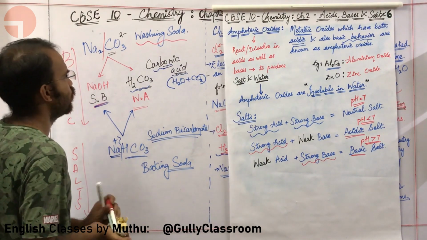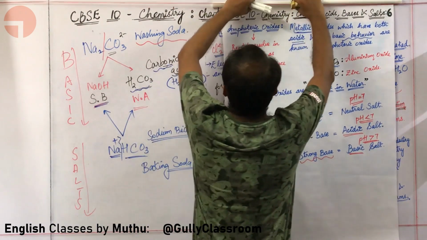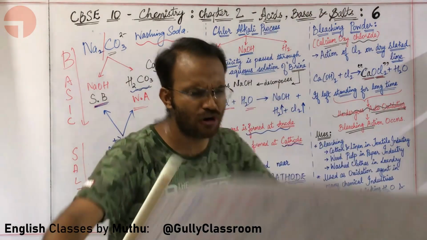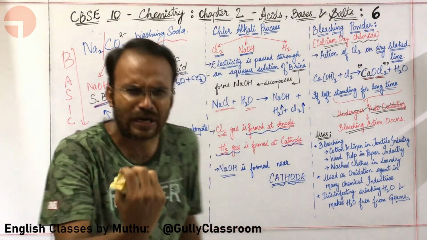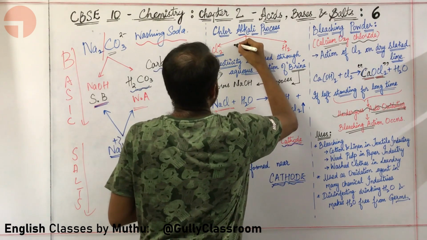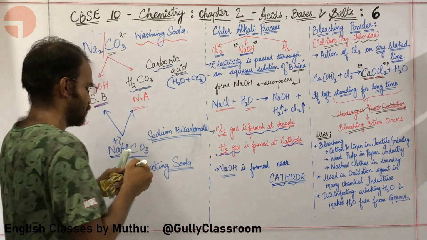Okay, sir. What is the next thing that you are going to teach? I am going to teach about the Chlor Alkali process. What is the Chlor Alkali process? It is simply a method of manufacturing sodium hydroxide or caustic soda.